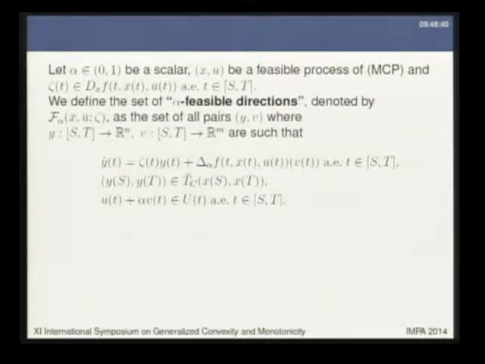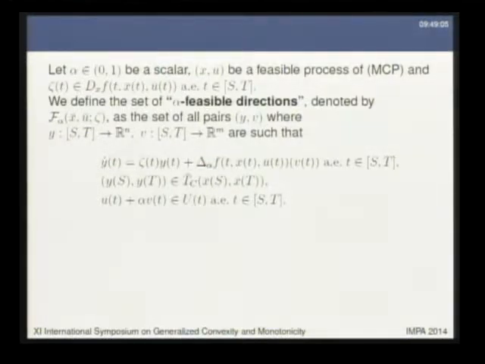Before the proposition, I should define the set of alpha feasible directions, which we denote by F alpha of X bar U bar zeta, where X bar U bar is a feasible process and zeta is a generalized Jacobian of the vector field. So this is the set of all pairs y, v, such that these three conditions are satisfied.